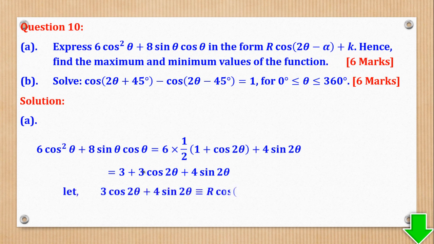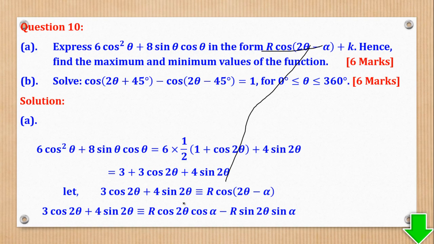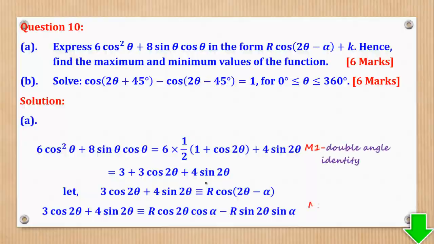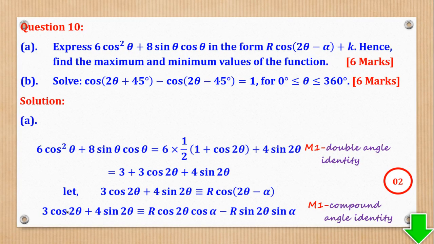Okay, now my aim was to remove this square. Now I've removed it. I can now use the R formula. We use the one which is given, then you expand it, but remember to use the equivalent sign. So next we'll be comparing. I have cos 2 theta here and cos 2 theta here.